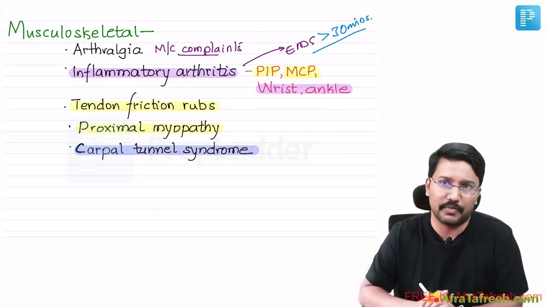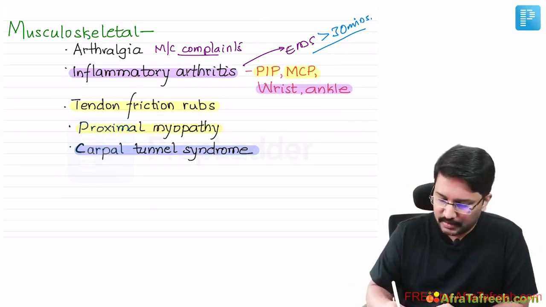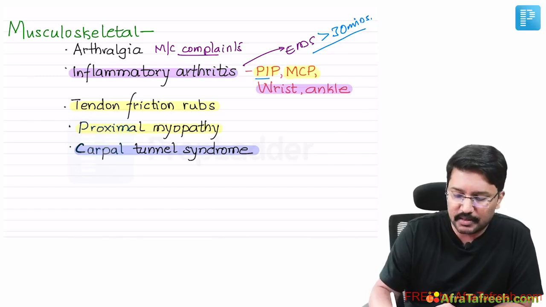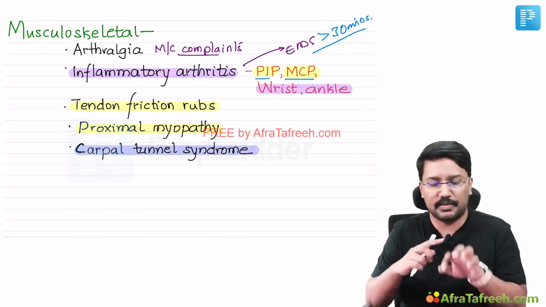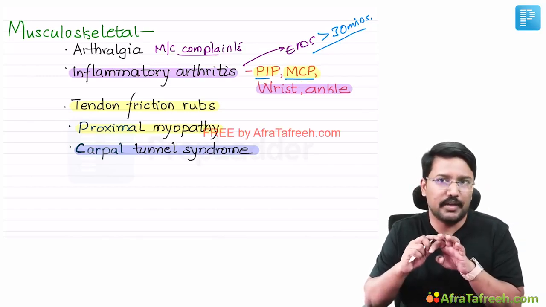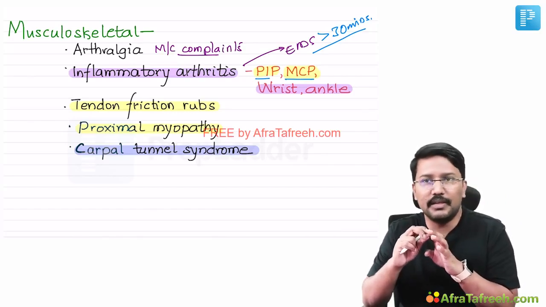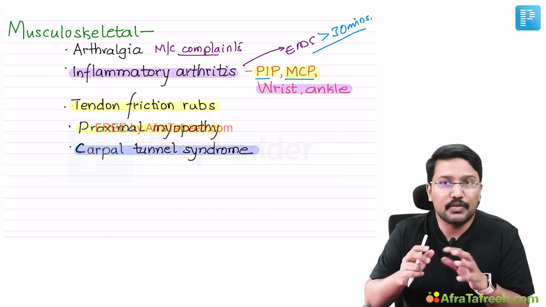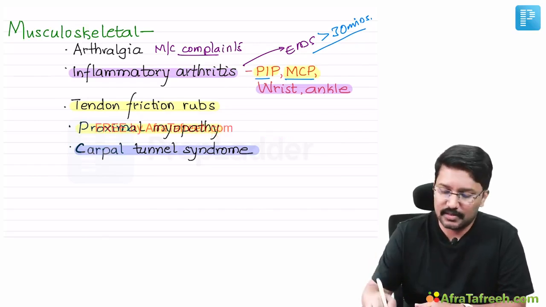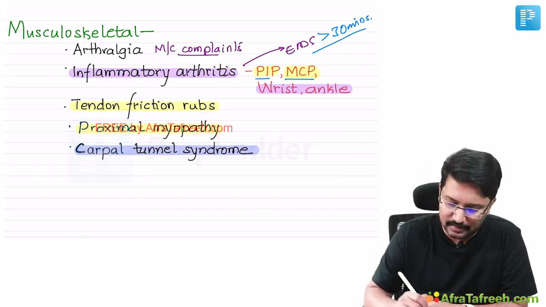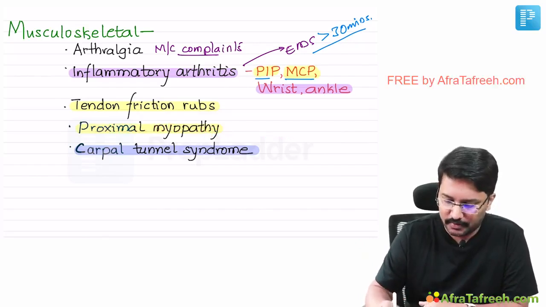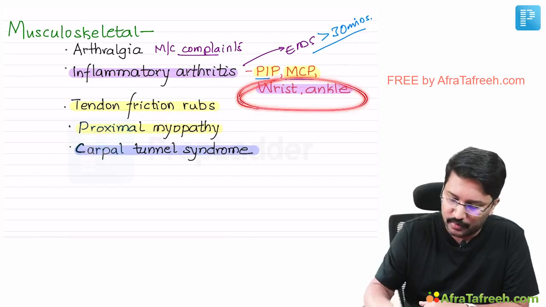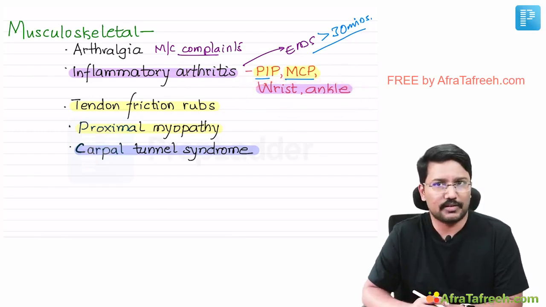That is the classical description of inflammatory arthritis. The joints that are commonly involved include the proximal interphalangeal joint and metacarpophalangeal joints, MCP and PIP. So there is no involvement of the distal interphalangeal joint. But something that helps us to distinguish this from rheumatoid arthritis is the characteristic involvement of wrist and ankle, which is not so common in case of rheumatoid arthritis.